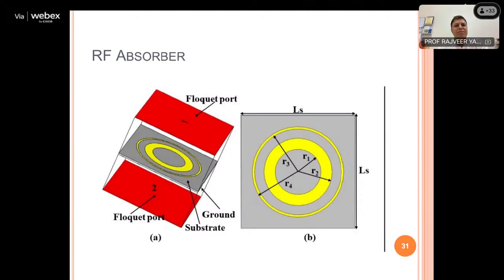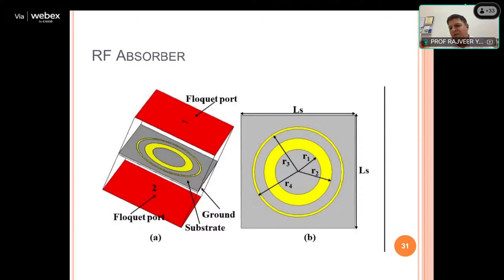Beautiful diagram. So we will see that the flanked port designed here is representing a frequency selective surface of different dimensions in terms of radius.